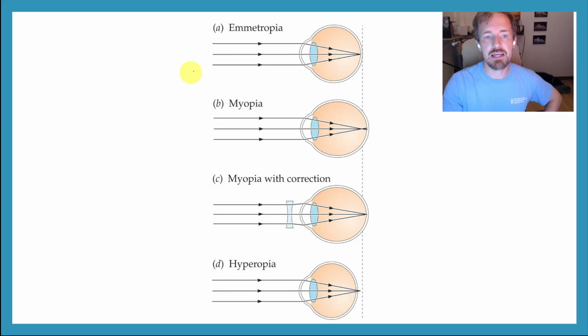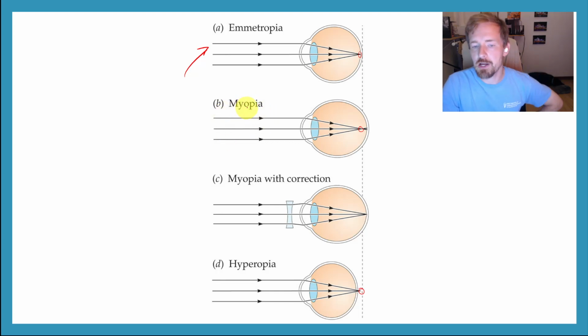So here is emmetropia, what we call quote-unquote corrected or normal vision, where the light is refracting perfectly right there on the retina. Myopia, here you can see where it is refracting a little bit early. And then hyperopia, which is refracting a little bit late.